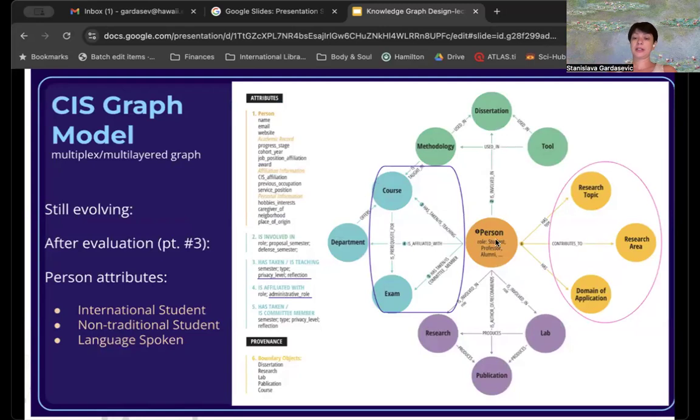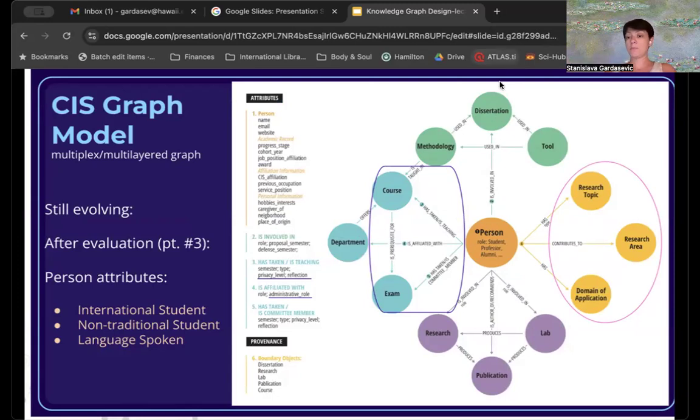That has a person in the center and then 12 different categories, layers, or dimensions through which one person can be potentially connected to another person, either actually or potentially. So these are the dimensions, and I'm going to talk a little bit about each one. So each person can be either student or professor or alumni.